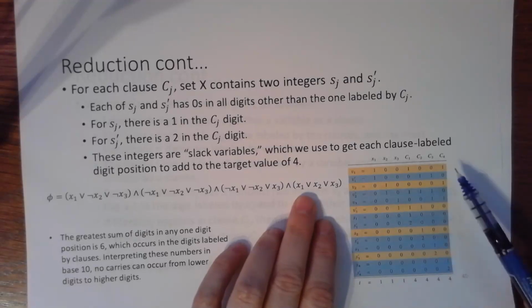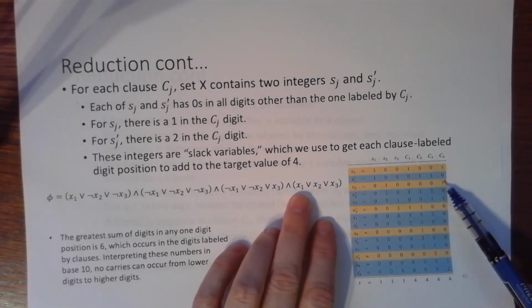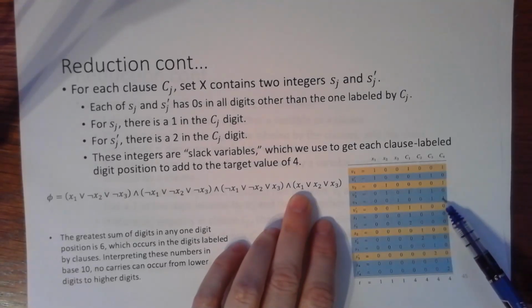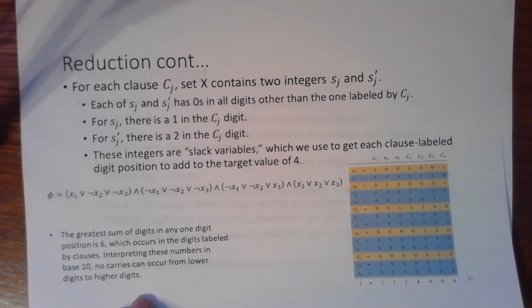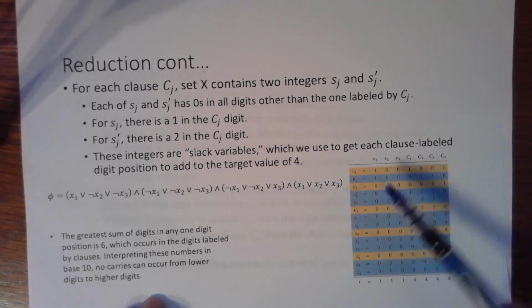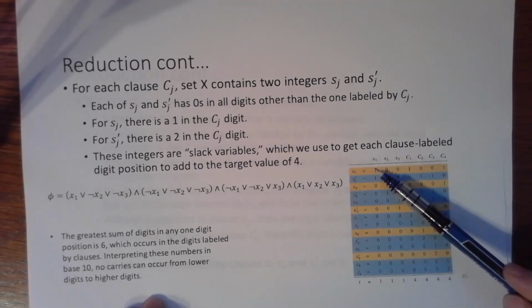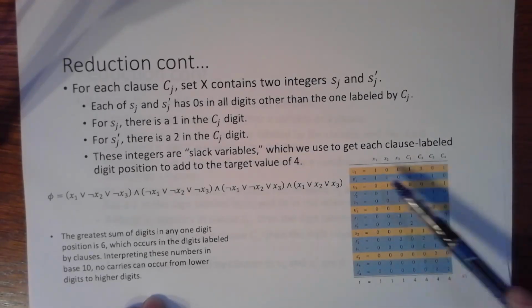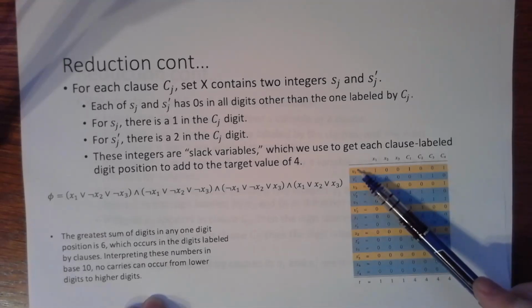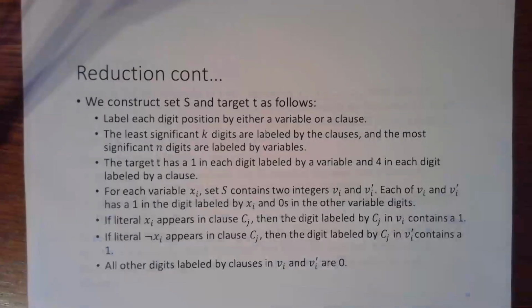And then clause 4 has 1, 2, and 3. So that's how we assign. We now have chosen how to put 1s and 0s in each place value for all of the v's. So that takes care of all the v's.